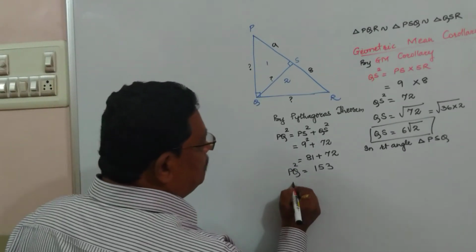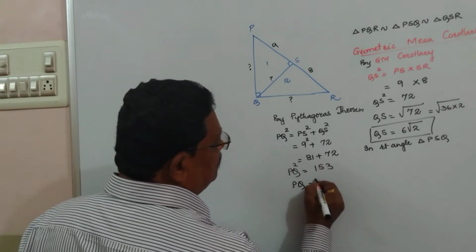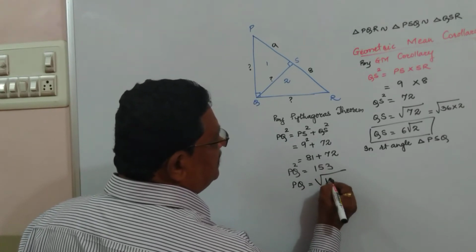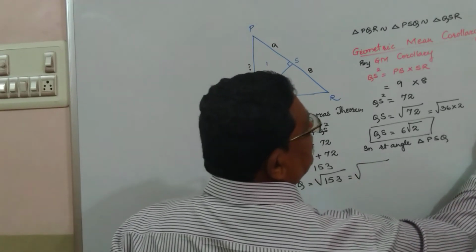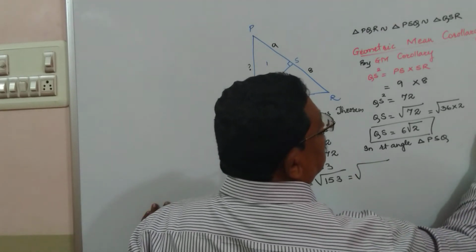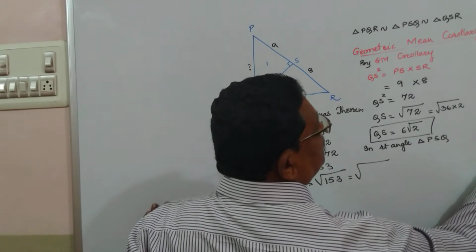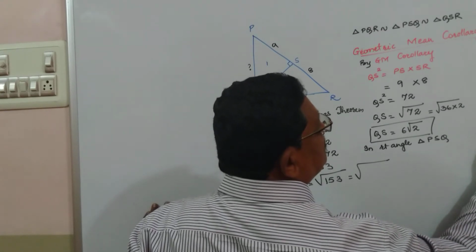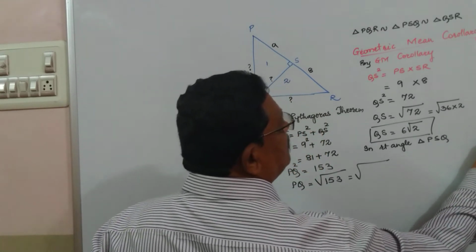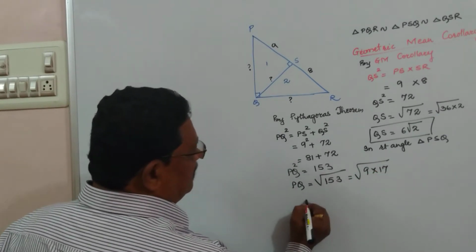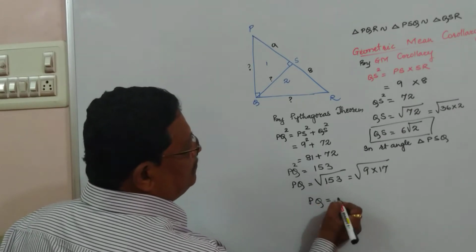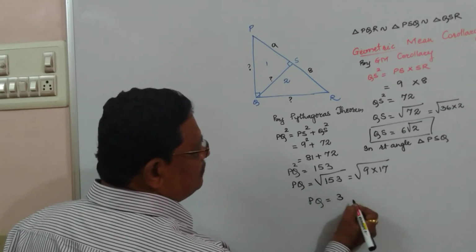Now PQ will be equal to square root of 153, which, if I simplify 153, 3 5s are 15, 3 1s are 3, 3 17s are 51. So 3 3s are 9. I can write it as 9 into 17. Hence PQ will be equal to 3 root 17, 9 being a perfect square of 3.